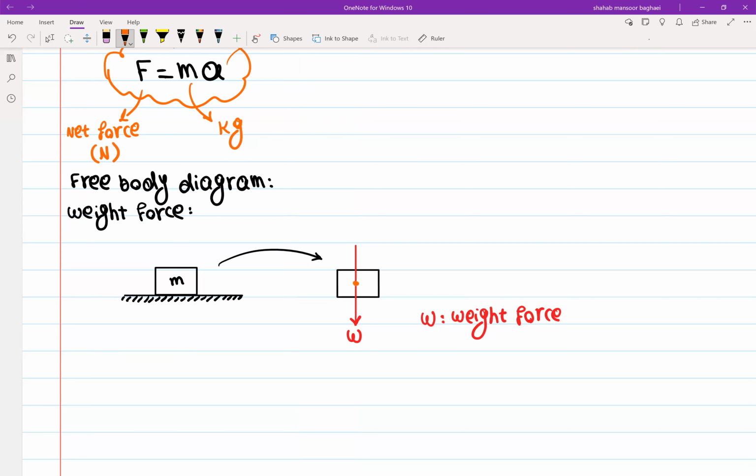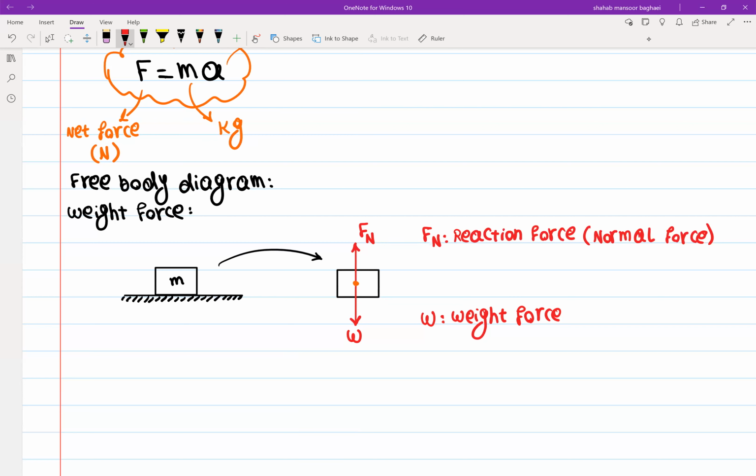Okay, the second force is upward from the surface on the block. It is called Fn, and Fn is your reaction force. Sometimes it is called normal force. Both of them are correct. Therefore, if you have this kind of block on the flat surface, the free body diagram should have two forces.